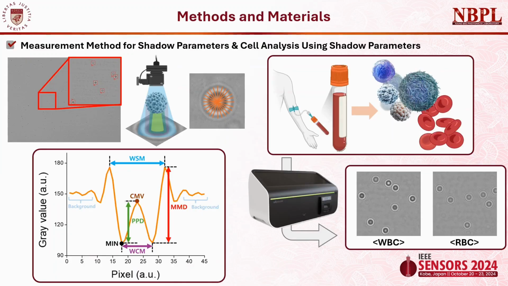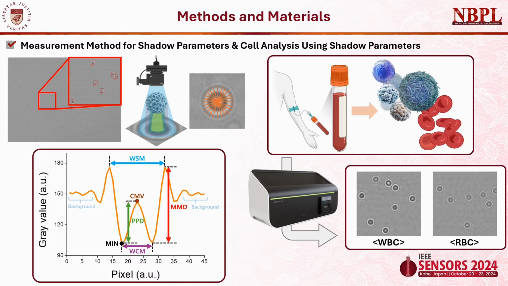When we capture the shadow images of cells using LSIT, we obtain data like the graph shown here. We draw a line in a circle at 15-degree intervals on individual shadow images, measure the gray value, and calculate the average value and standard deviation values.